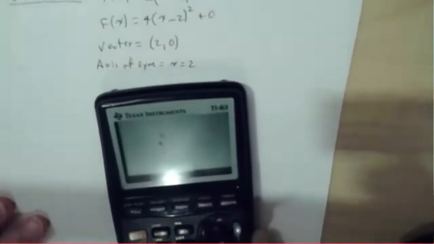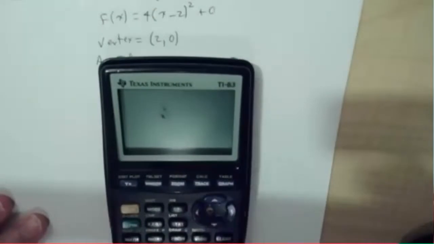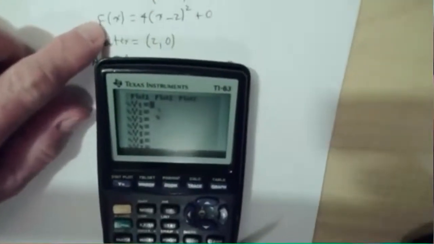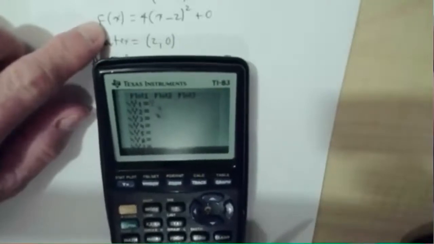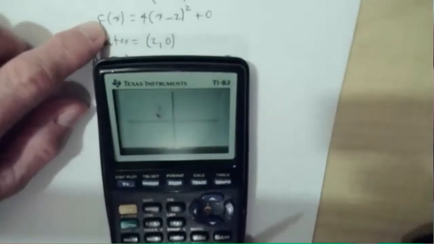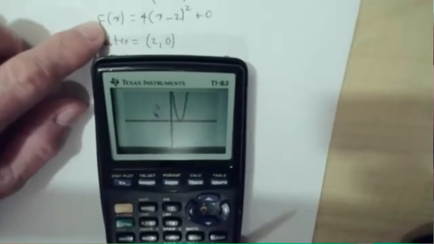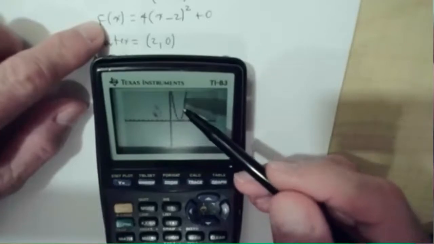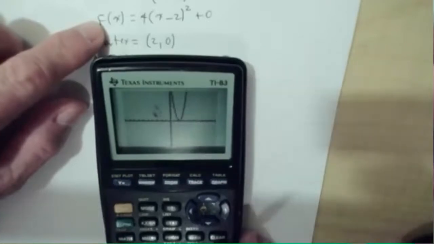Let's graph it and see. Turn it on. Y equals. Now remember, the calculator will deal with this the way it's written. 4 open x minus 2 closed and squared. And that's all. Don't have to put in the plus 0. Graph it. Now you can see the parabola comes down and touches the x-axis in one place.